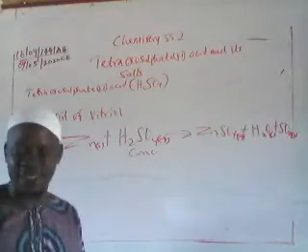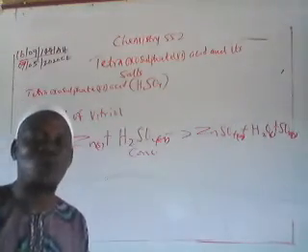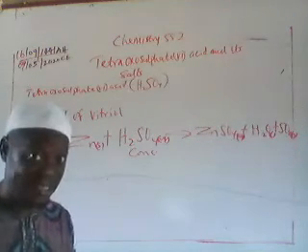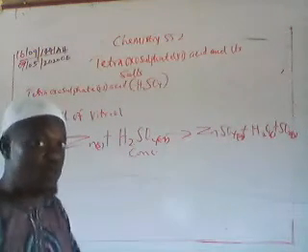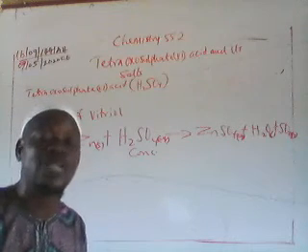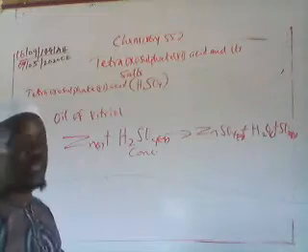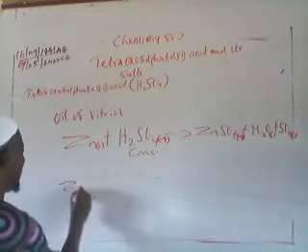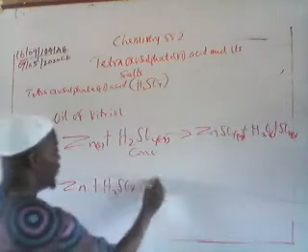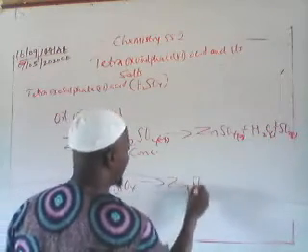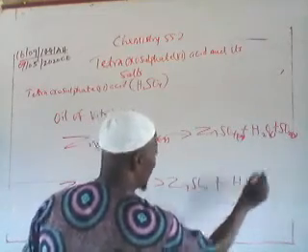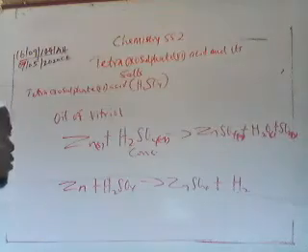Now you have to take note of that. If the examiner requires you to write an equation to show how zinc reacts with dilute H2SO4, it is different from writing an equation to show how zinc reacts with concentrated H2SO4. If it is dilute, zinc with dilute H2SO4 will give you zinc tetraoxosulphate(VI) and hydrogen, and that's all.